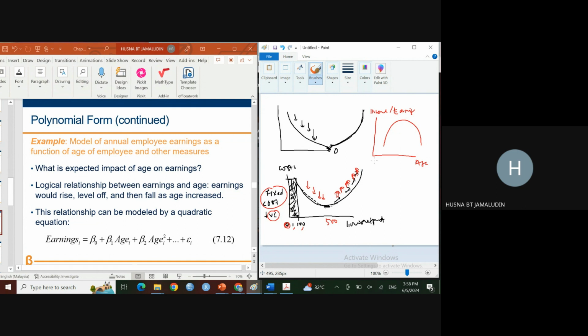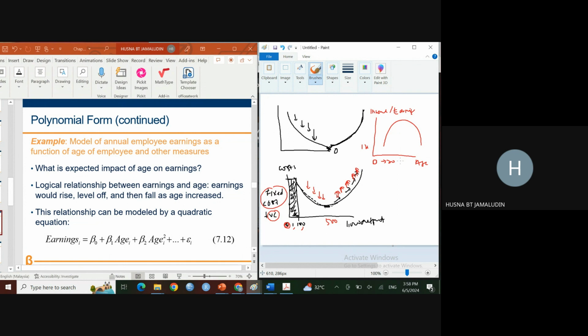We start with 0: zero age and zero earning, of course. If you are not born yet, how could you get any earning? As you keep increasing your age, for example to 20, what happens to your earning? At 20, maybe your earning is 1K, 1,000.